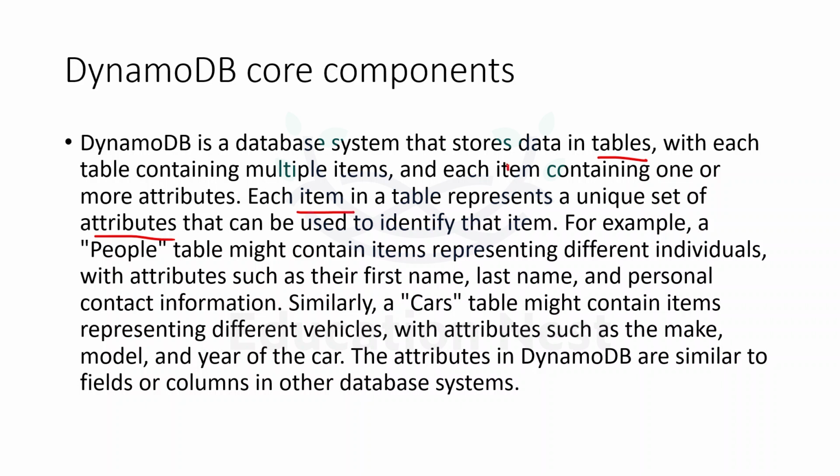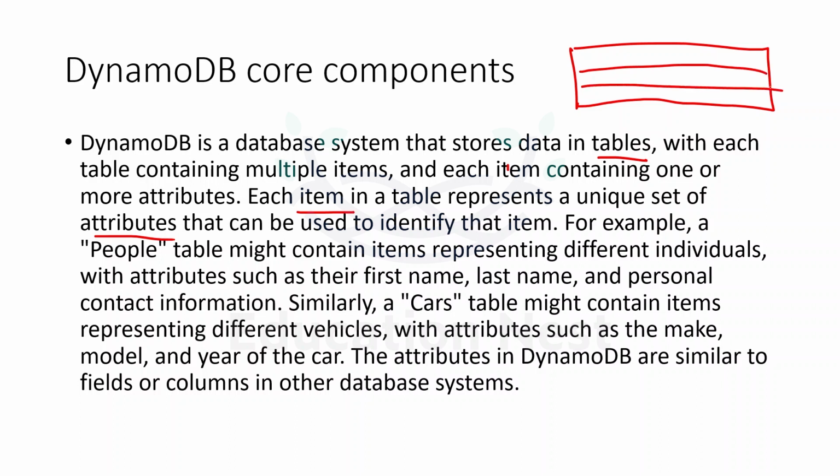What I told earlier is that when we have the table, each row is called an item and each column is called an attribute. Each item in a table represents a unique set of attributes. It is not compulsory that each item has 5 attributes here. Some items might have 4 attributes, some might have 3, some might have 1. For example, let's say this is a people table.